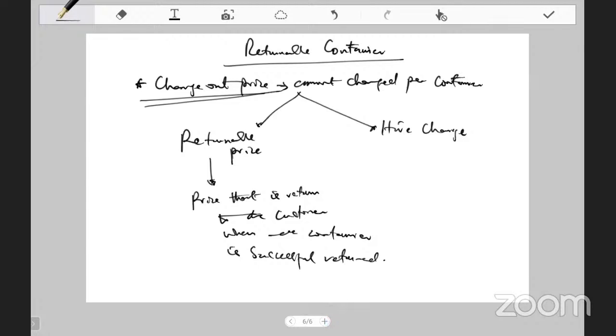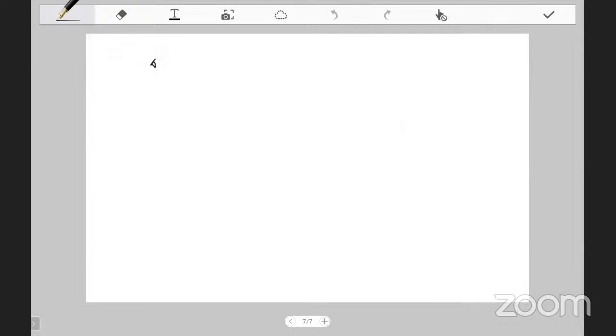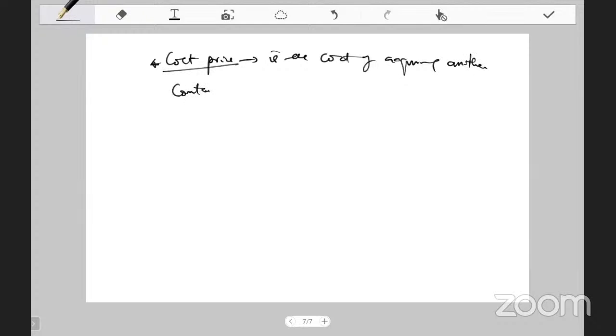Now, when you are talking about this container, the container must be purchased. And when containers are purchased, we talk about the cost price. Cost price is the cost of acquiring another container. Some other classes will refer to it as the purchase price.